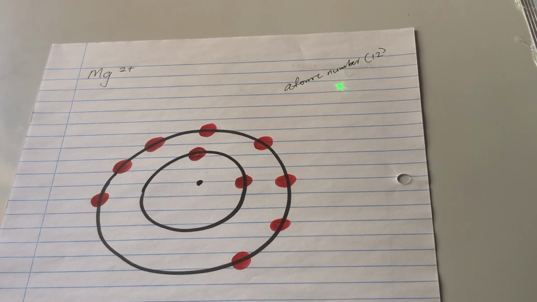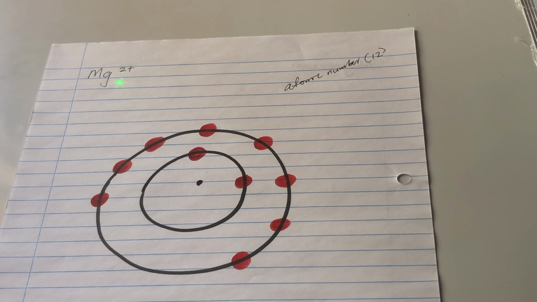Atomic number of magnesium is 12. But here we are given magnesium ion, not magnesium. We know that the atomic number of magnesium is 12. In this case, we are given magnesium ion.